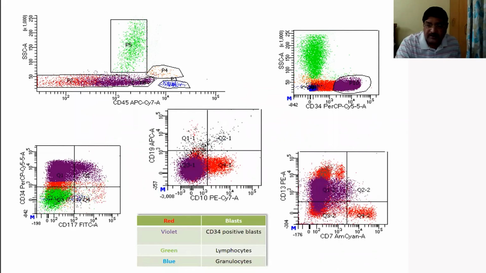So here in the CD34 side scatter, you find that these violet ones are CD34 positive. And if you look at this CD117 CD34, you have CD34 being positive, but they are negative for CD10 and CD19. They are positive for CD13, so a granulocytic marker is positive. So CD34, CD13 is positive. Next.